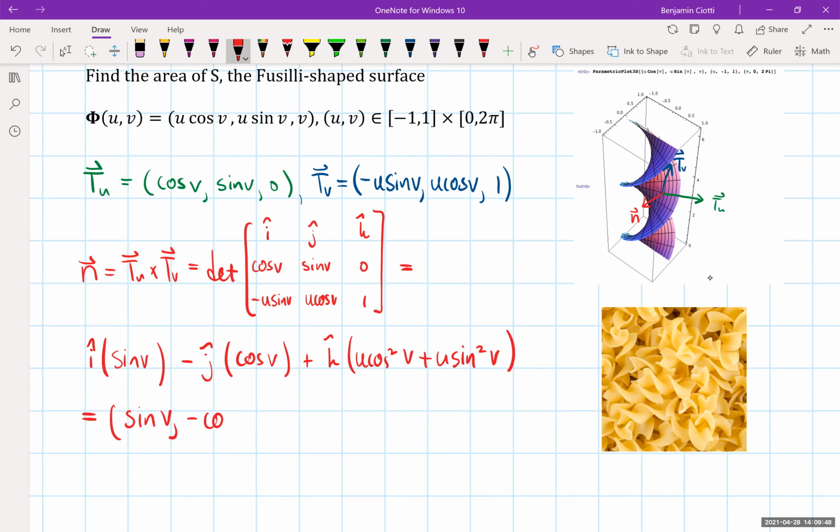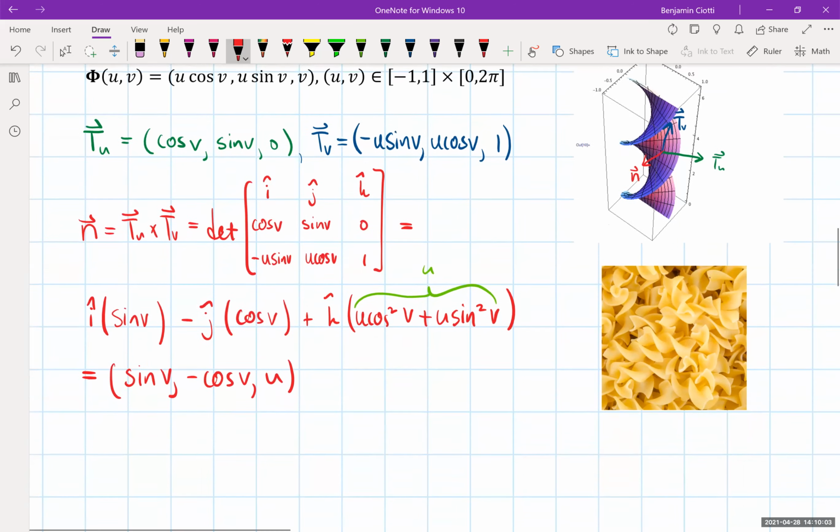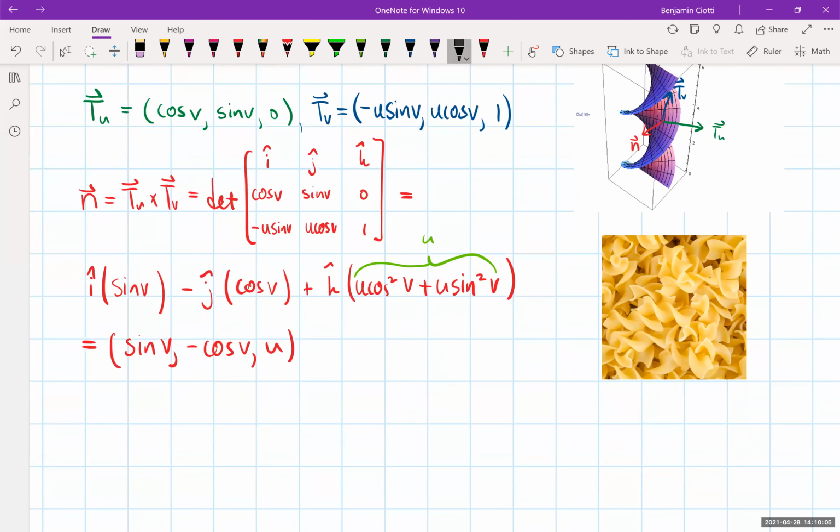So sine v, negative cos v, and this is just u. Having computed my normal vector, I should find its length now.